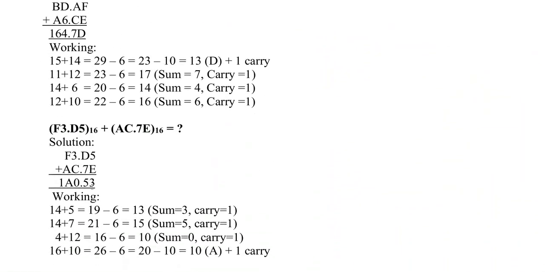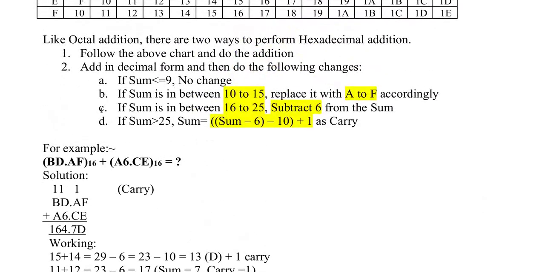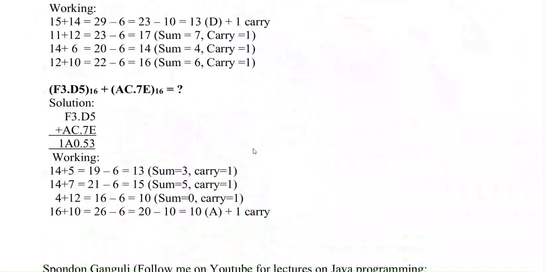Let's take one more example. Here is another example: F3.D5 plus AC.7E. So 5 plus E. E is 14 plus 5, 19. 19 comes in option C, that is 16 to 25. Subtract 6. So 19 minus 6, 13.